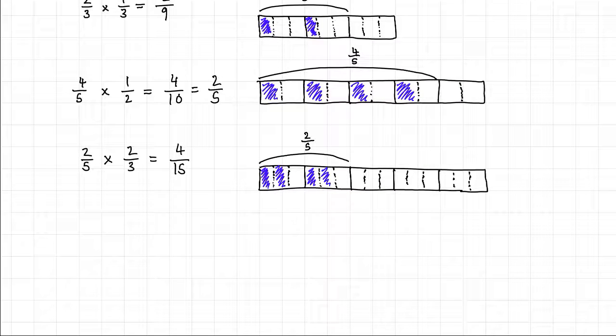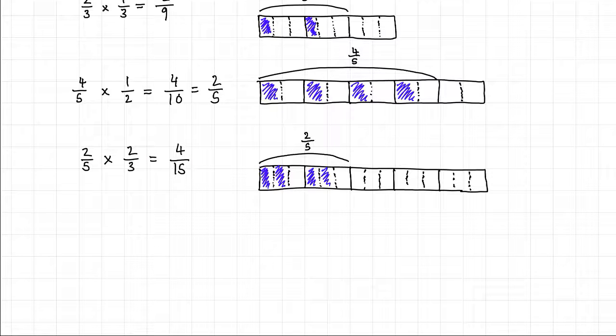And the last one, we've got 2 times 2 is 4, and 5 times 3 is equal to 15. Okay, so when we're multiplying fractions, you can see that there's a pattern developing, and this pattern actually does work. You can multiply the two top numbers together to get your top number, and you can multiply the two bottom numbers together to get your bottom number.